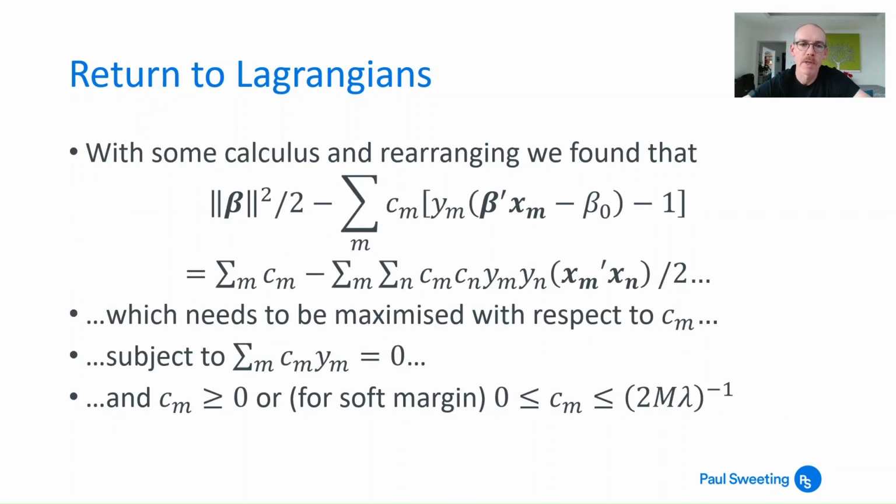Do a bit of calculus and you find that the norm of beta squared over 2 minus that summation is actually equal to the sum over all m's of cm minus the sum over all m's and n's of cm cn ym yn xm transpose xn over 2, and you need to maximize that with respect to cm, subject to the sum of all the cm ym being equal to 0 and cm's being greater than or equal to 0, or if you've got a soft margin, cm being between 0 and 2m lambda to the minus 1.